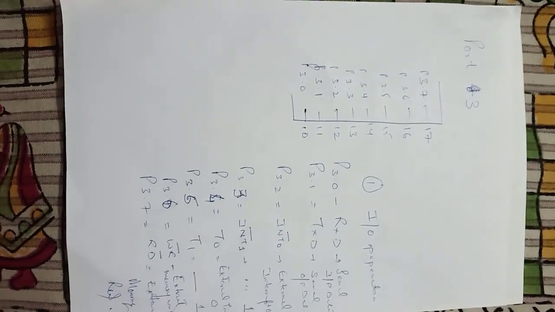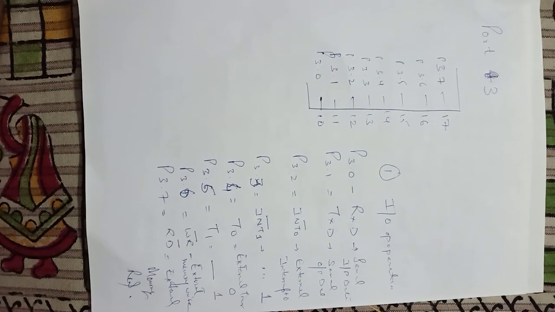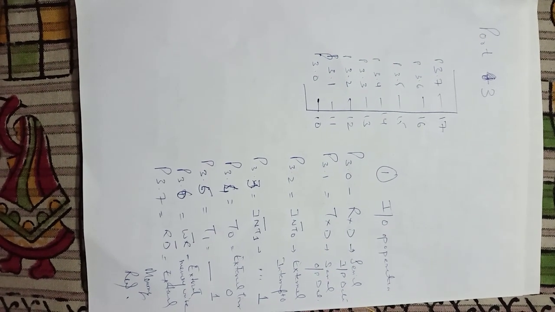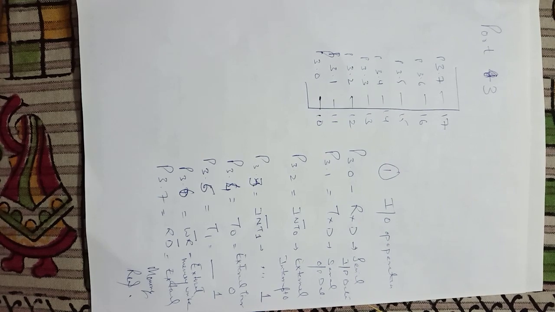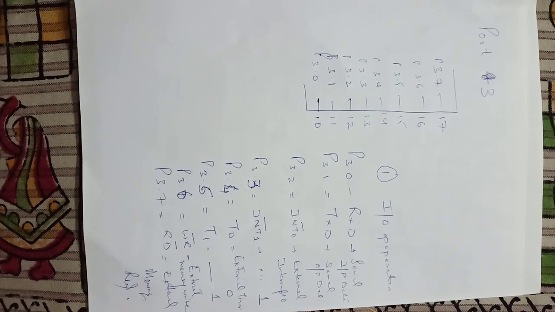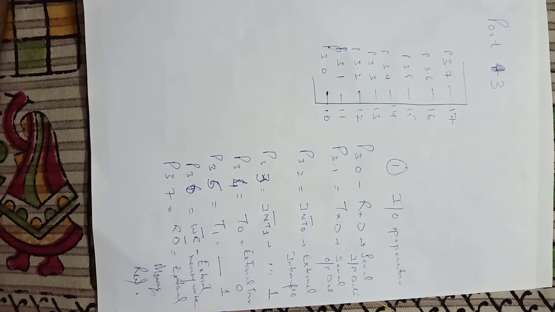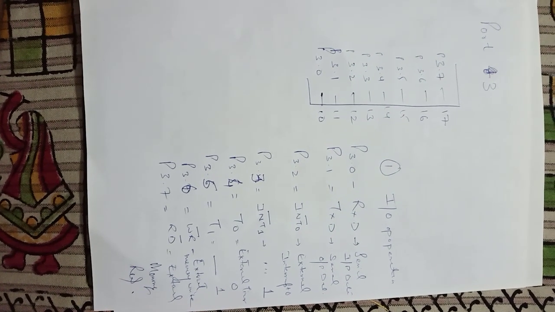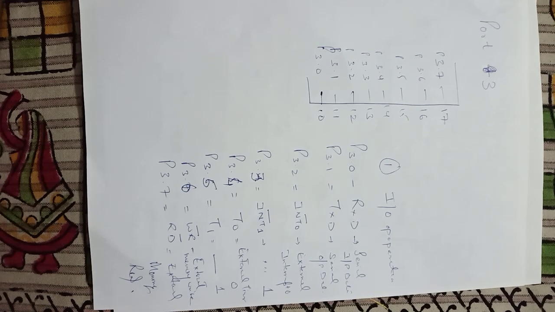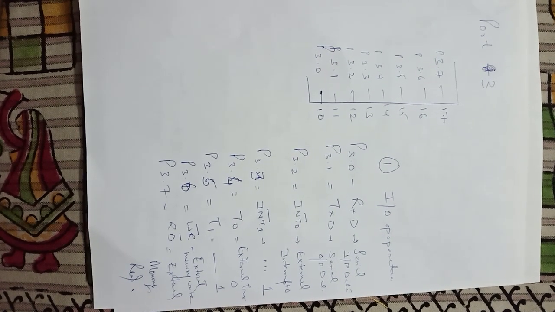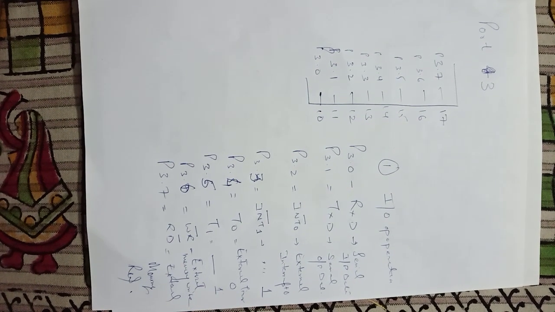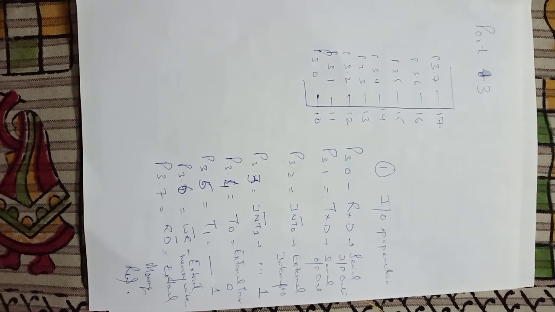When we talk about port 3, again it has some dual use. As per the pin diagram, it stretches from pin number 10 to pin number 17, that is P3.0 to P3.7. Pin P3.0, that is pin 10, is used for serial input data, that is the receiving buffer. P3.1 is used for serial output data, that is pin number 11.